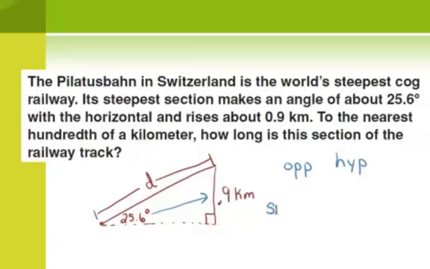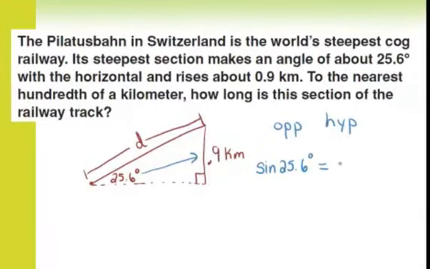So we would say the sine of 25.6 degrees is equal to 0.9, which is opposite, and D, which is the hypotenuse. Multiply both sides by D, and we get D times the sine of 25.6 degrees equals 0.9. Divide both sides by the sine of 25.6.